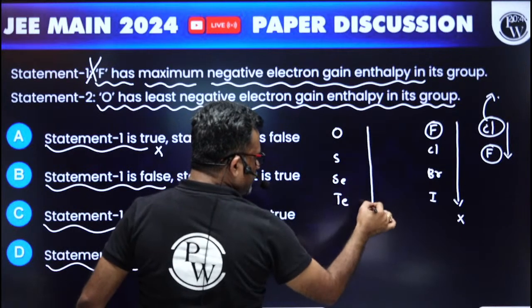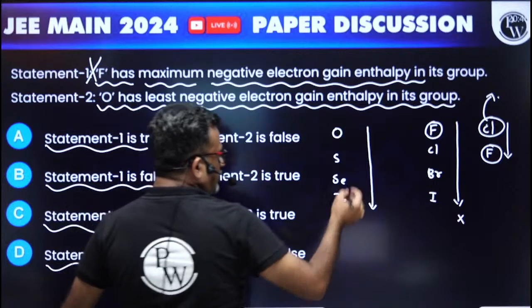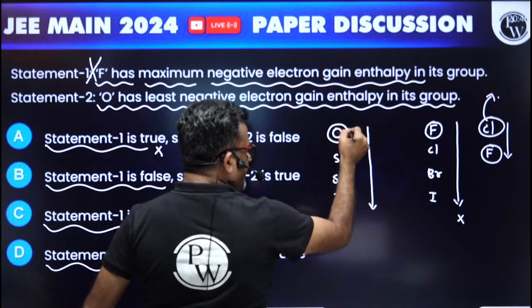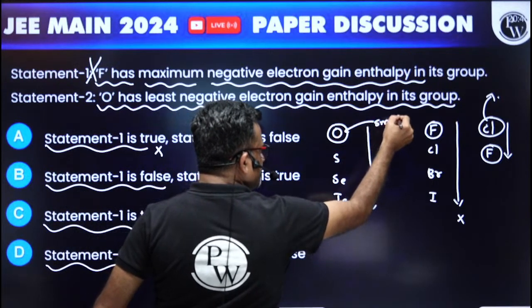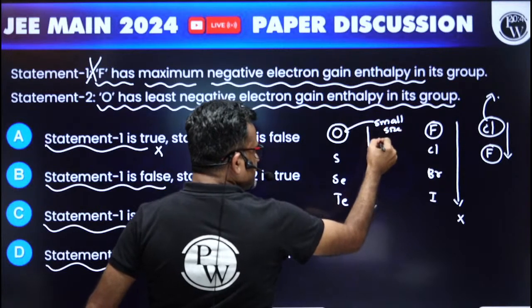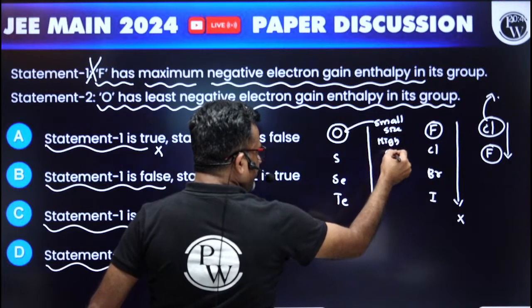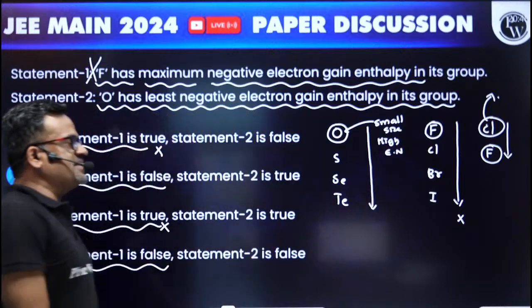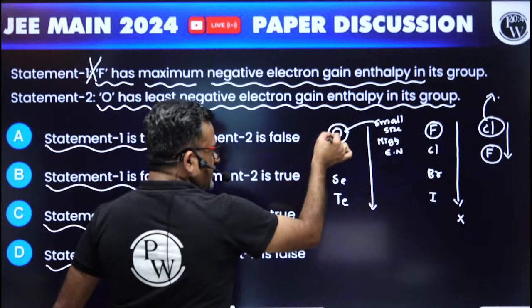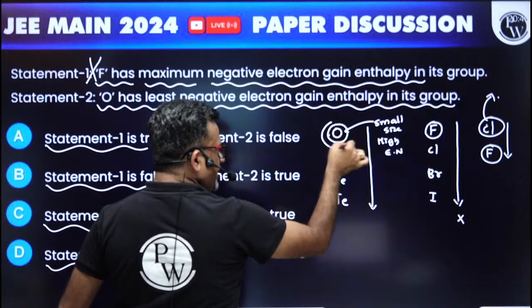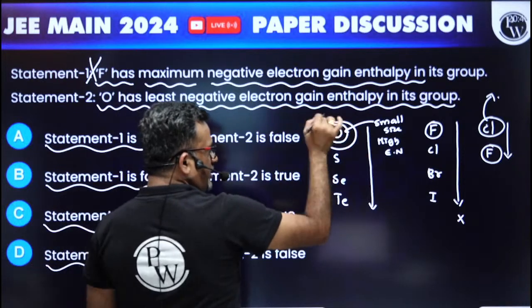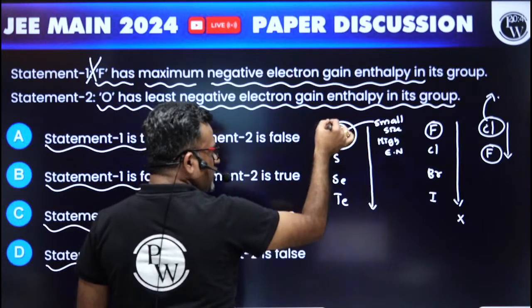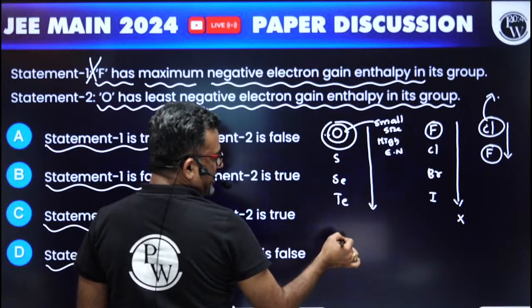here, because oxygen has got a smaller size and high electronegativity, it repels the added electron. Oxygen is expected to have more electron gain enthalpy, but in fact it has got the least electron gain enthalpy in its group.